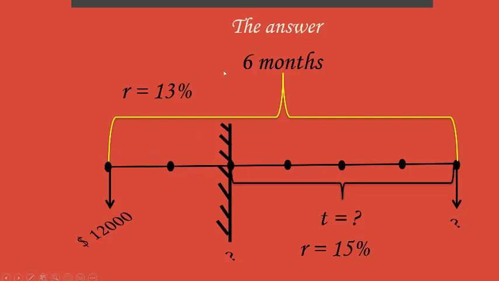We need to get the future value after 6 months, then we need to get the present value 4 months before the end, or 2 months after the start time. Note that we will use R equals 13% to get the amount, and we will use R equals 15% to get the present value.